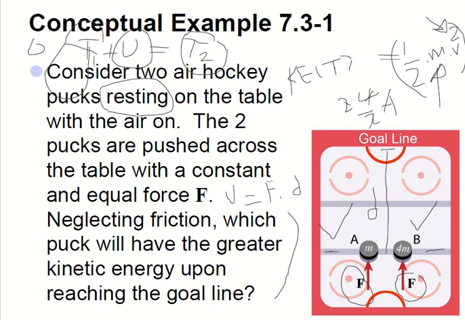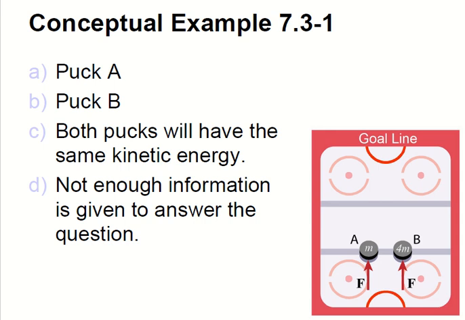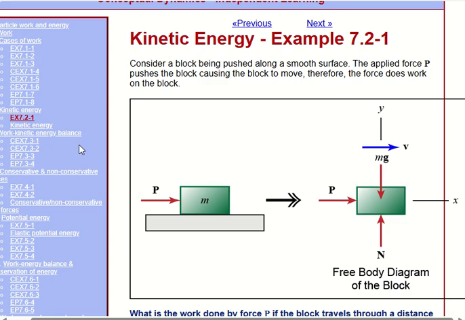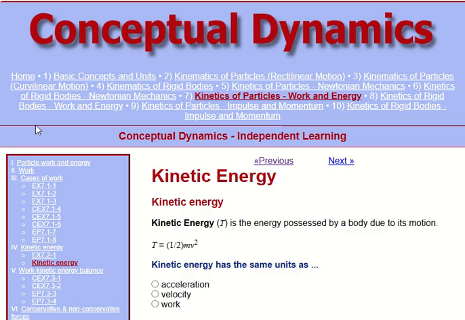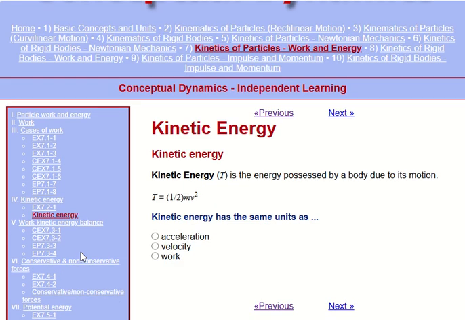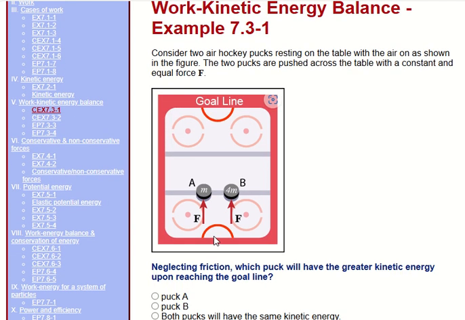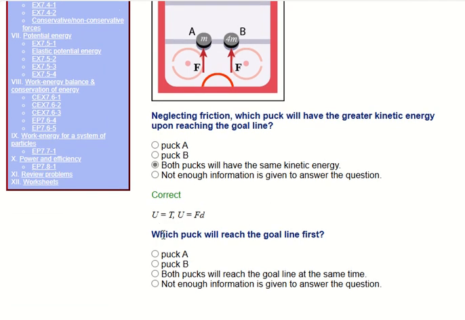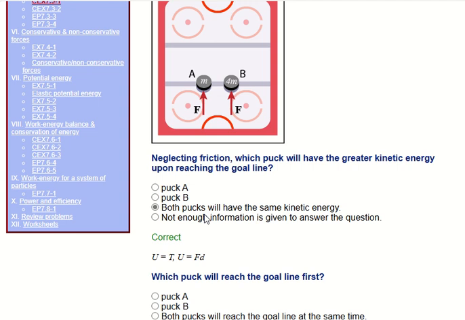So let's take a look at the answer. If you go back to that problem here, that would be 3, I think. I try to close that and can't do it. So we're at 7.3, I think. Yes, this is correct. So the change in kinetic energy is the same as your F times d. See how they write it?